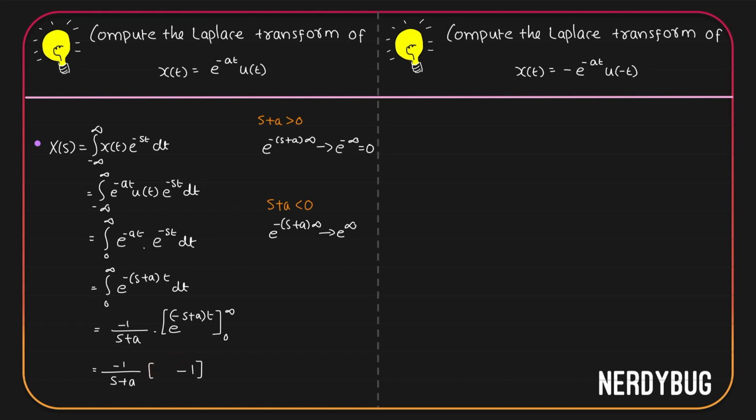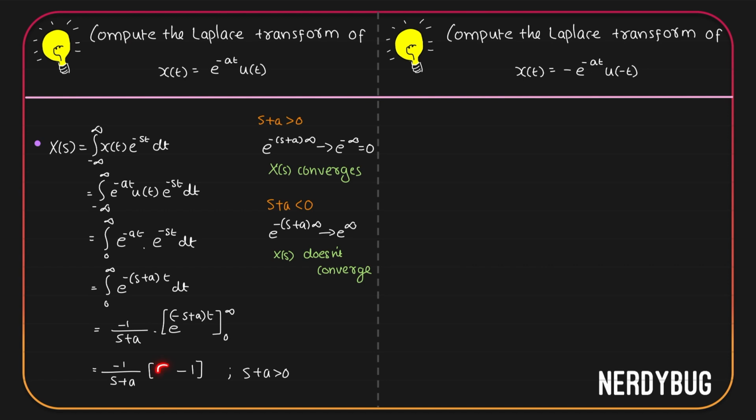So what we can conclude from here is, if s plus a is greater than 0, then x of s converges to a finite value. But if s plus a is less than 0, x of s does not converge. So let us take the condition that s plus a is greater than 0.